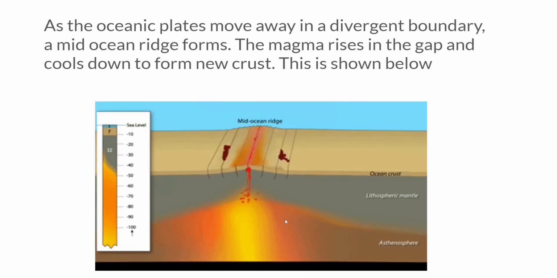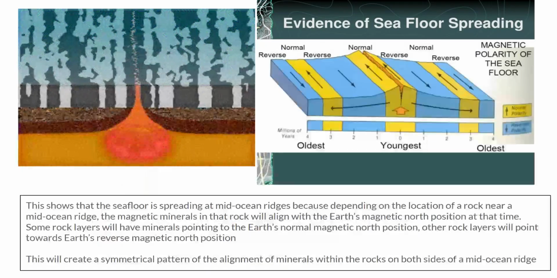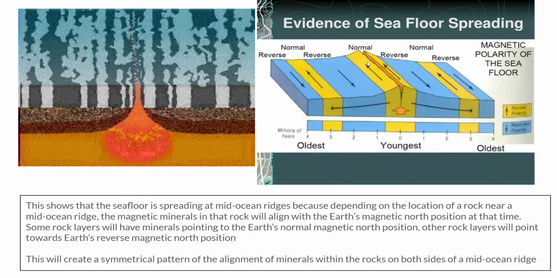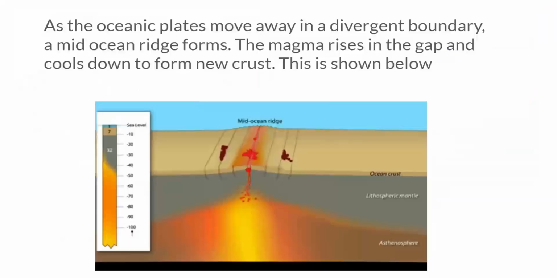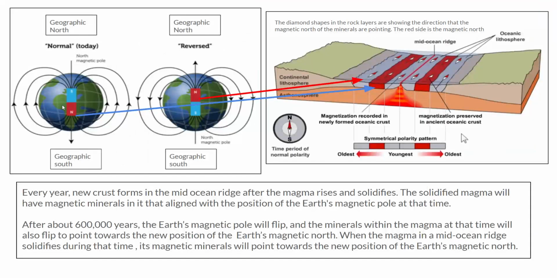So, recall that as oceanic plates move away from each other, magma is coming up, solidifying, cooling down, and creating new rocks, right? Now, if those rocks come up right here and solidify during the Earth's normal magnetic field, as you can see here, where the south end of the magnet is pointing up and the north end of the magnet is pointing down, those rocks or minerals, magnetic minerals within the magma, will point towards the Earth's magnetic north.